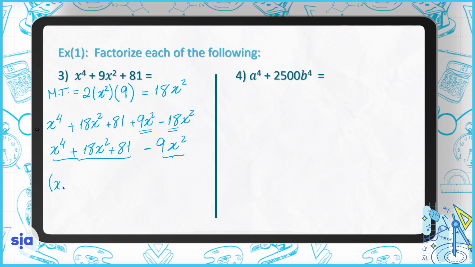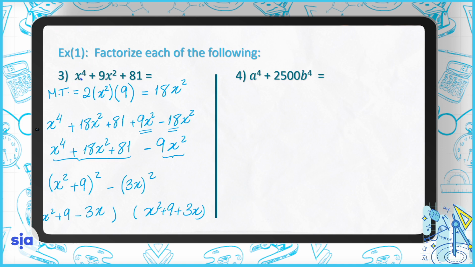And this one will be (x squared plus 9) all squared minus (3x) all squared. The two brackets that we're going to factorize are now x squared plus 9 minus 3x and x squared plus 9 plus the 3x.